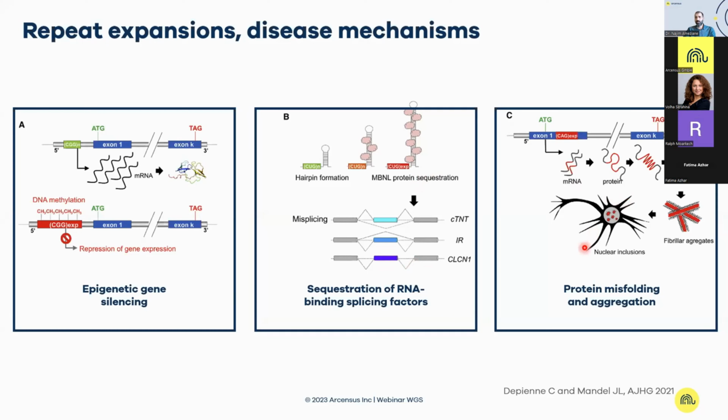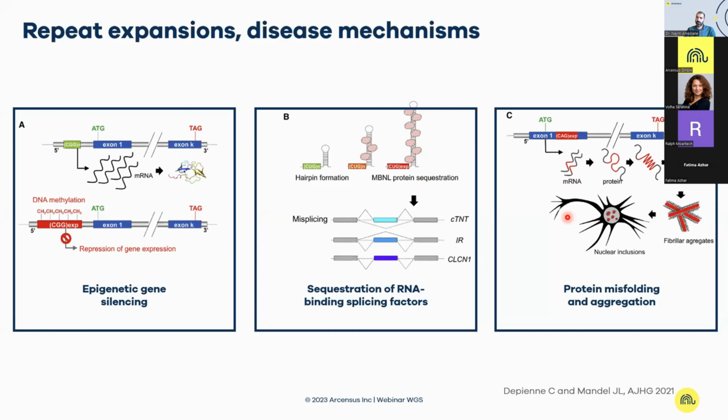And in this last example, these are the repeat expansions that happen in the coding region, which in most of the cases are the polyglutamines and the polyalanines. This eventually results in producing a protein that has an expanded motif of amino acids incorporated into the protein.